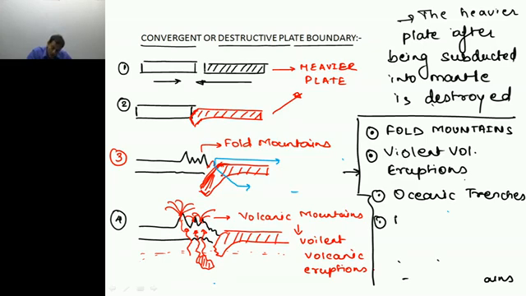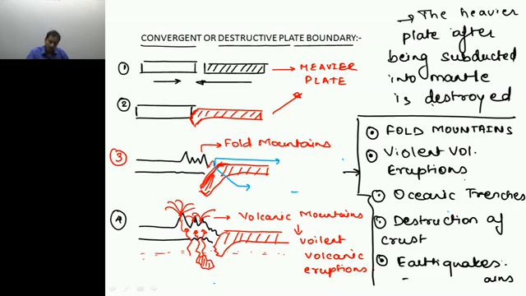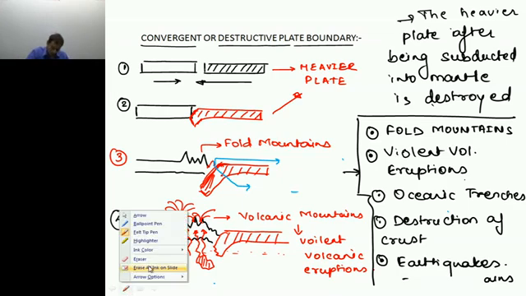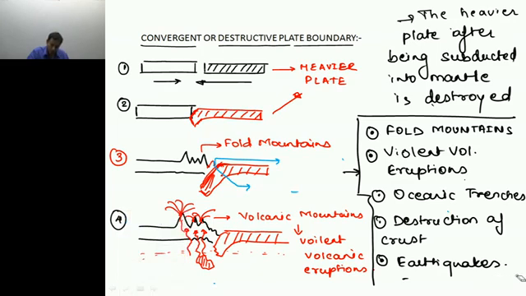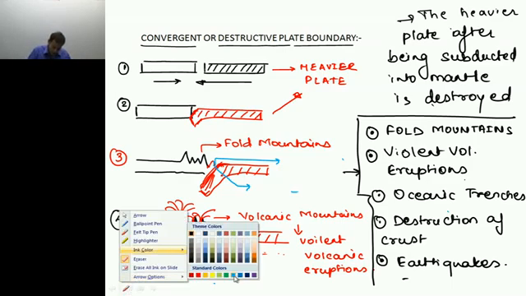Fourth, they are associated with destruction of crust. And obviously, whenever there is volcanic eruption, whenever there is a collision, there will be vibrations, so they are associated with earthquakes. So these are the convergent or destructive plate boundaries.